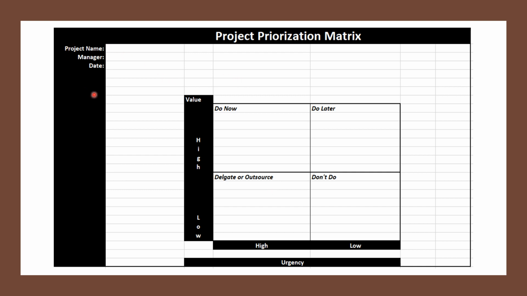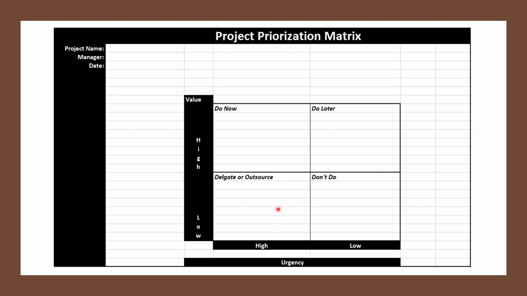You can fill in project details here, and you can talk about urgency on the x-axis and value on the y-axis. According to your urgency and value, you can decide what you want to do.